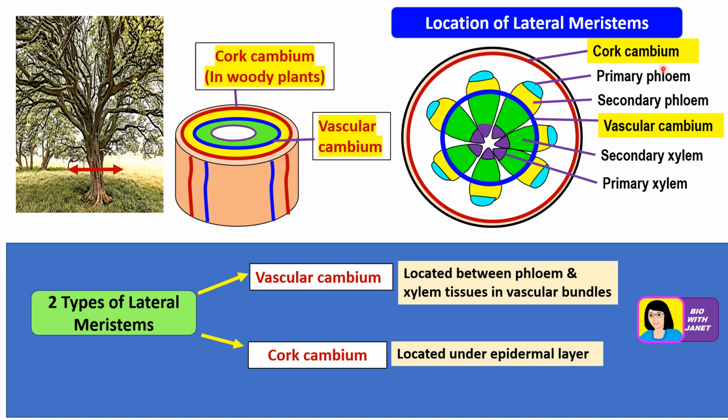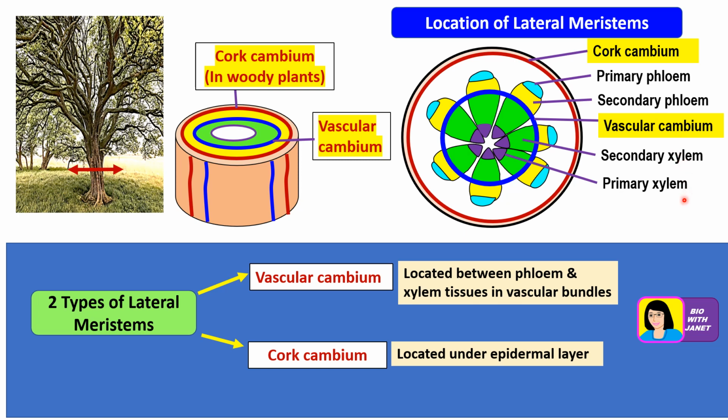Within inverted commas. Now, this is the cross section of the stem of a woody tree or woody plant. Here we can see the cork cambium, and the outer part here is the cork. Then you have the cork cambium, then the cortex, and then primary phloem, secondary phloem, vascular cambium, secondary xylem, and primary xylem, in this order.